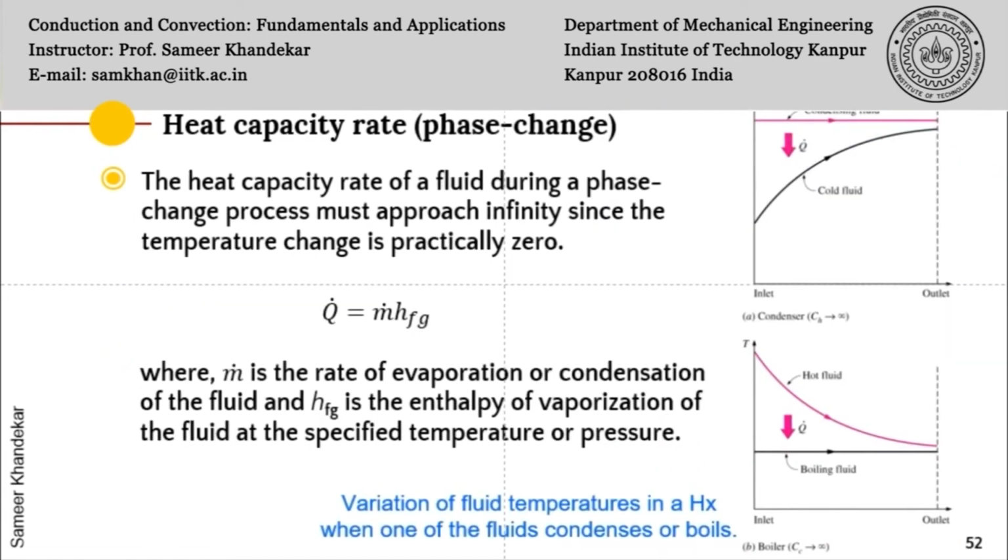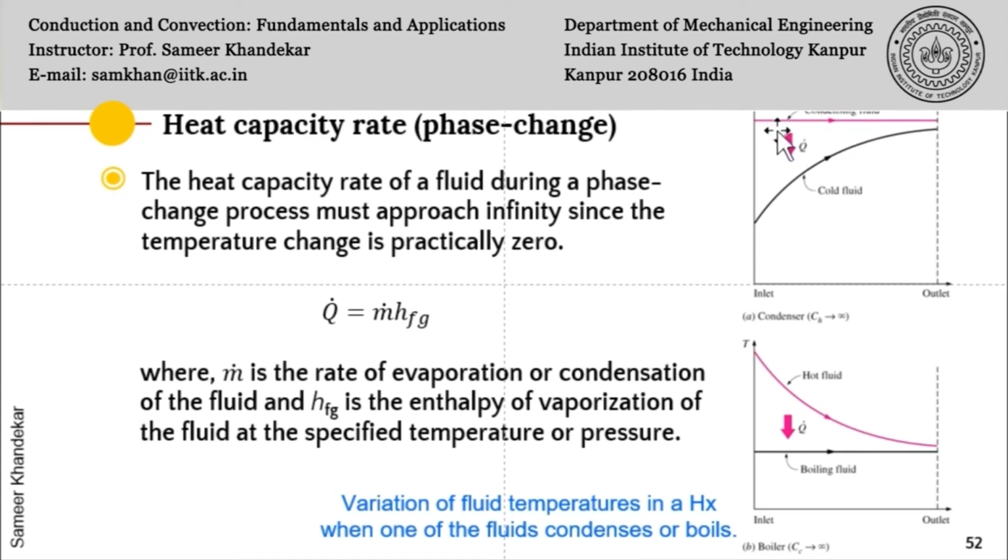Now, as you will recall, we have discussed so far only those heat exchangers where sensible heat transfer takes place in both the fluids. But as we have also noted in the earlier lectures, some of the heat exchangers can have boiling and condensation also, and the heat capacity rate of a fluid during a phase change process must approach infinity since the temperature change is practically zero.